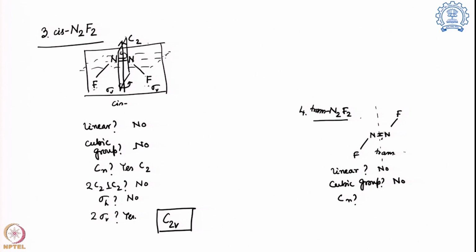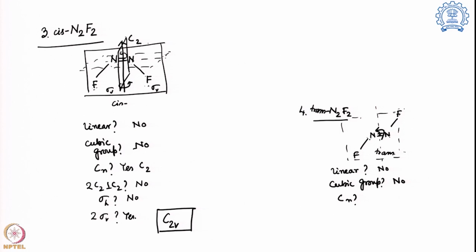But what happens if I rotate over here? This is the plane of the molecule, perpendicular to it, and if you rotate 180 degrees, the nitrogens remain in a similar position, but this nitrogen comes from the left to right and right to left, and over there the nitrogens are remaining in the same place.